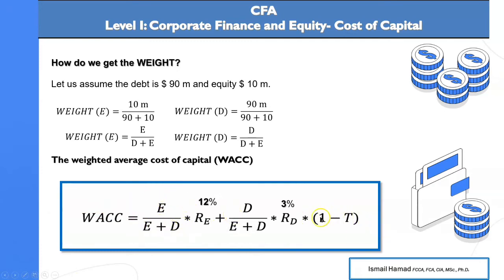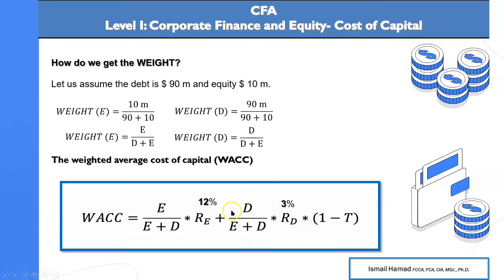Here we multiply by 1 minus tax, which I mentioned in previous videos. This will always be below 1, because it is 1 minus a fraction, as tax is normally 20%, 30%, 40%; 1 minus 40% will give 0.6. 0.6 times anything here will give a lower cost.